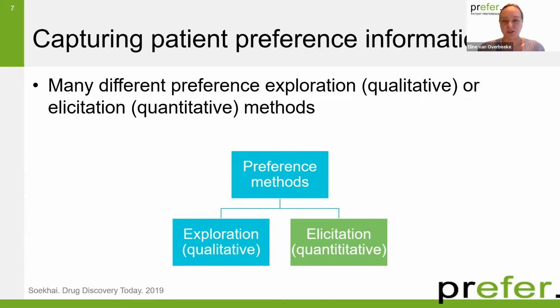Now, these exploration methods can collect descriptive data, but also analyze the subjective experiences and decisions made by participants. Quantitative methods can then collect quantifiable data, which can be analyzed or inferred using statistical techniques. But for today, we will focus on the elicitation methods, so the quantitative methods.